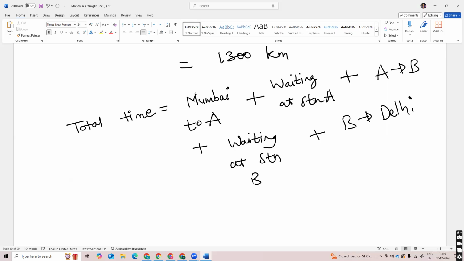Here we have found that the time taken from Mumbai to station A was 10 hours. Then the waiting time at station A was 1 hour.